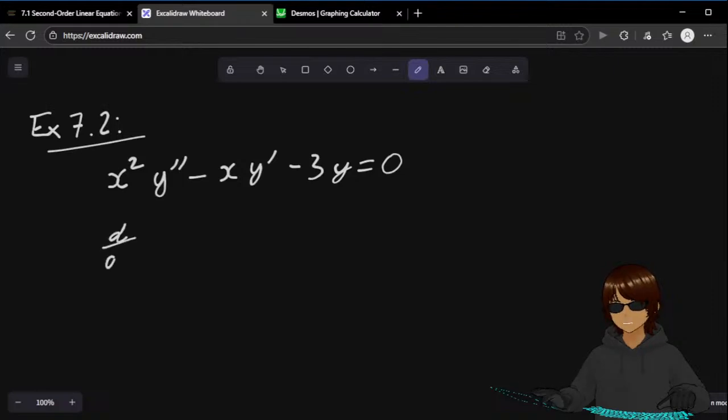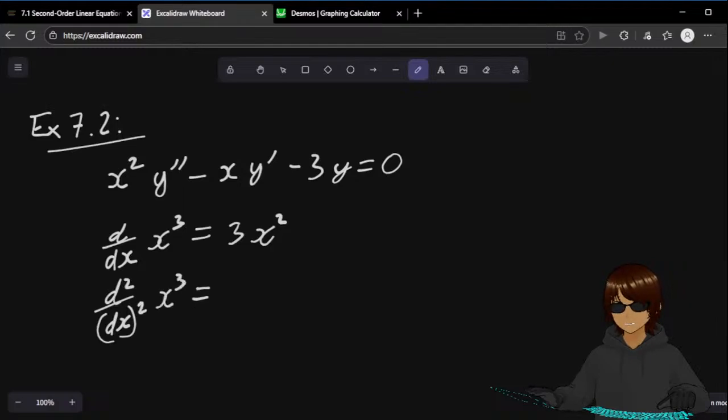The derivative of x cubed is 3x squared. The second derivative of x cubed is 3 times 2, which is 6x.